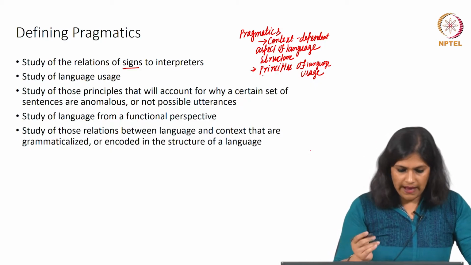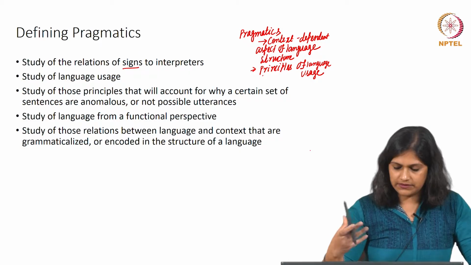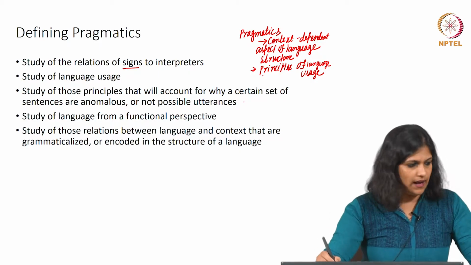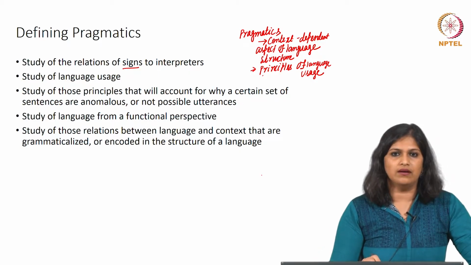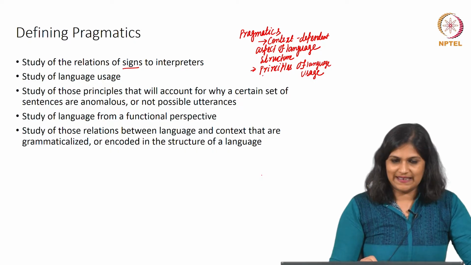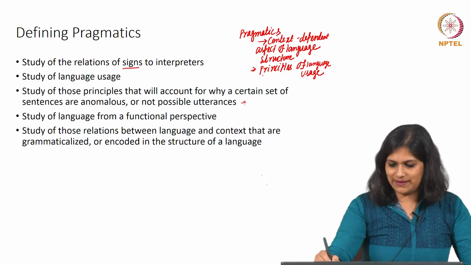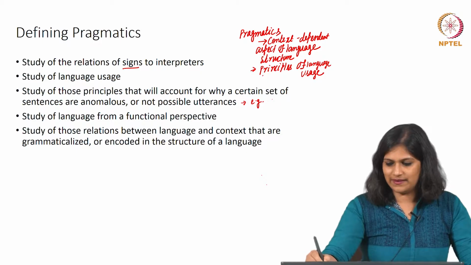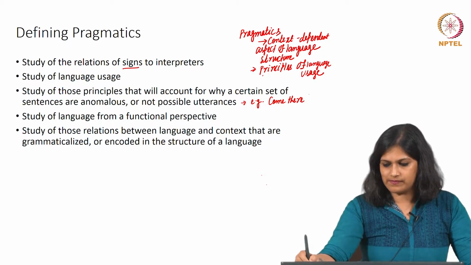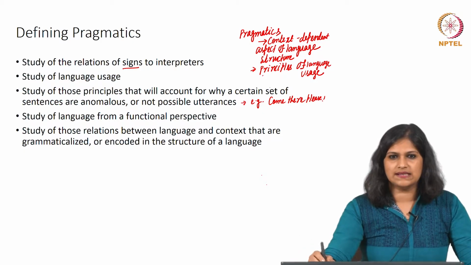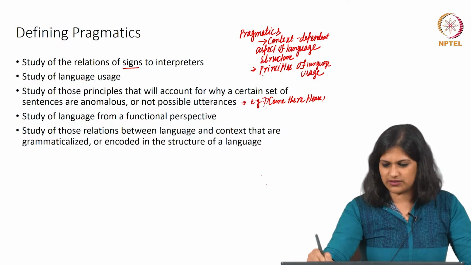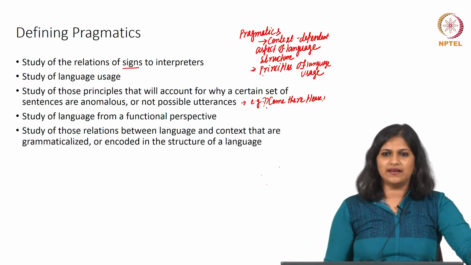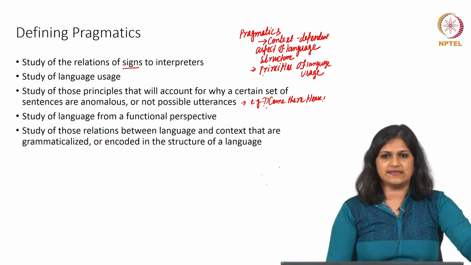Okay. May I ask you to focus on this, just to show how this definition can be a faulty one. Okay. Let us take an example here: "come there please." This is a weird construction, as far as the anomaly of a particular sentence is concerned.